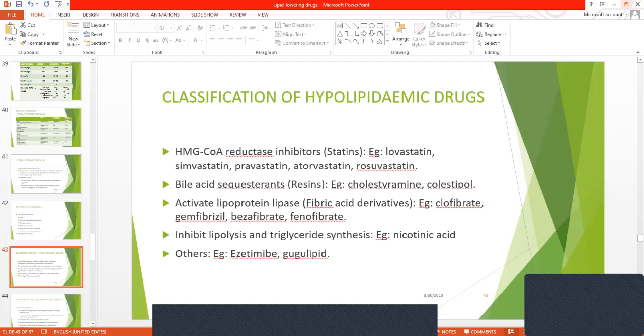Bile acid sequestrants, for example, cholestyramine. Lipoprotein lipase activators, that is the fibric acid derivatives, for example, clofibrate, gemfibrozil, bezafibrate, fenofibrate. Inhibitors of lipolysis and triglyceride synthesis, for example, nicotinic acid, and there are some other medicines also like ezetimibe and gugulipid.